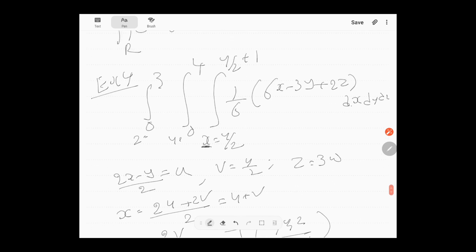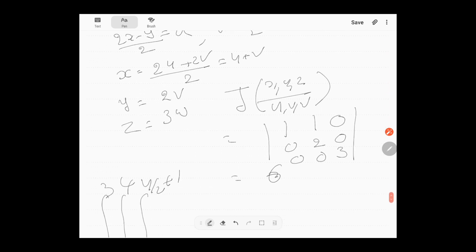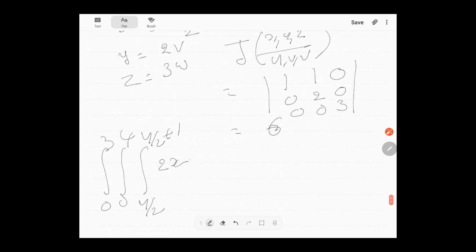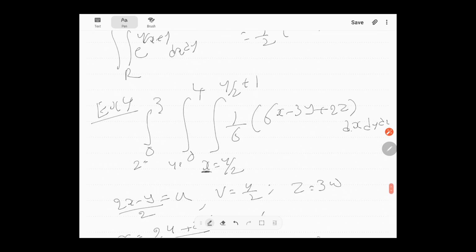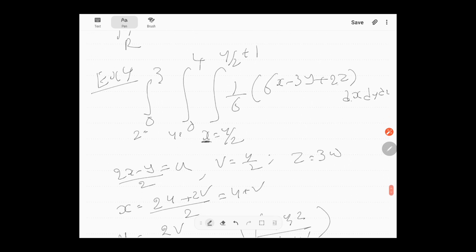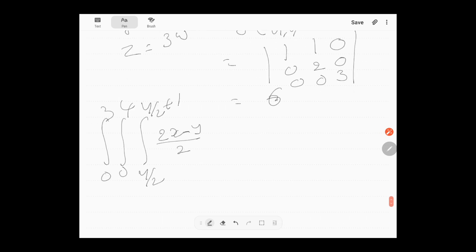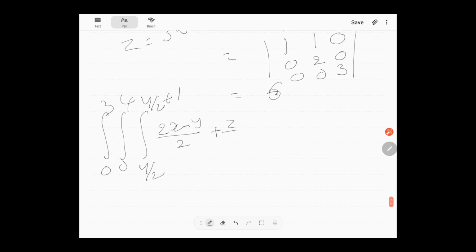The integrand is 1/6 of 6x minus 3y plus 2z. If I take 3 common, it will be 3 times (2x minus y), divided by 6, that is 2. Here I have taken 3 common, 3 by 6 is 2. 2z by 6 means z by 3, so it becomes (2x minus y) by 2 plus z by 3, dx dy dz.